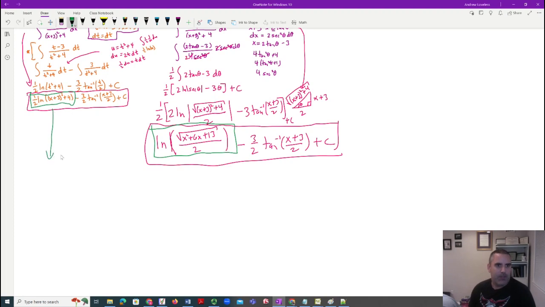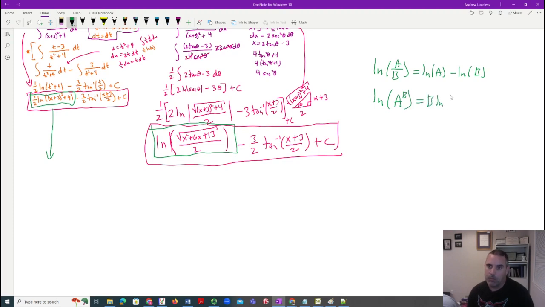Let's take this one and write the few log rules. Log of A over B is the log of A minus the log of B. These are the two most important log rules by far.